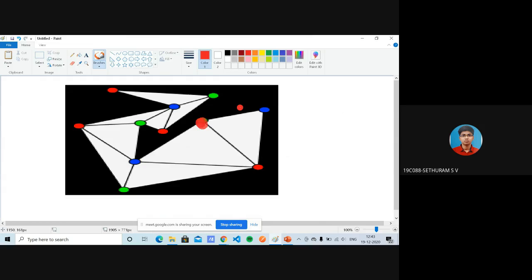As you can see, there are no two connected vertices which share the same color. The tricoloring is just up to you, but the concept is such that for a triangle there will be, let's put the image over here.